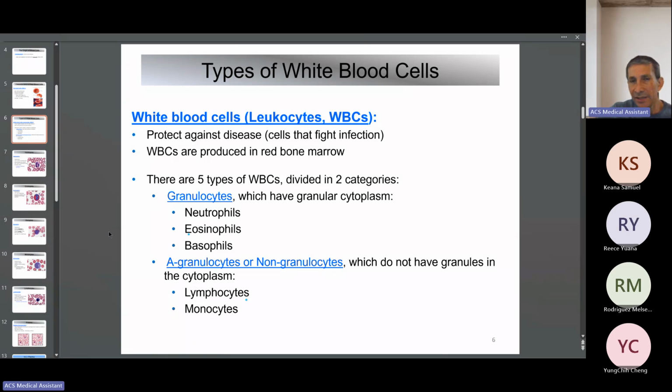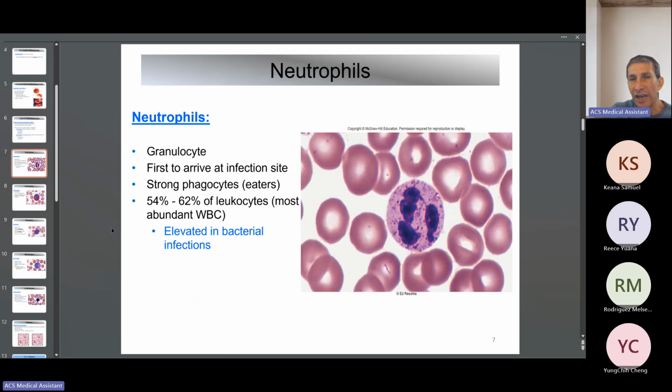Okay, so let's see these white blood cells under the microscope. Remember, we're going to see the neutrophils, the eosinophils, the basophils, the lymphocytes, and the monocytes, because that's how they look under the microscope.